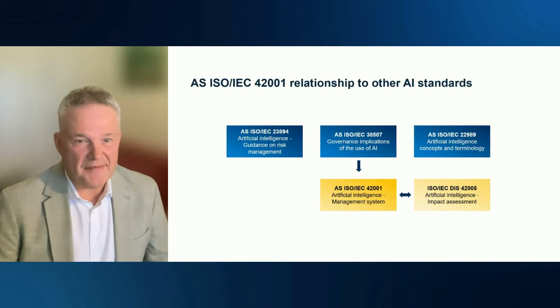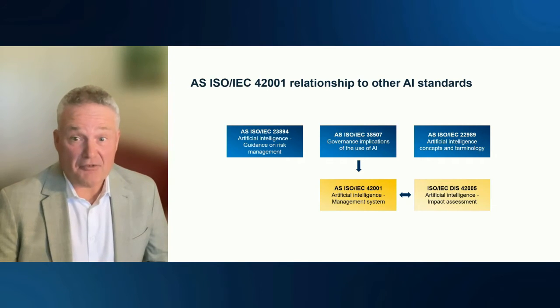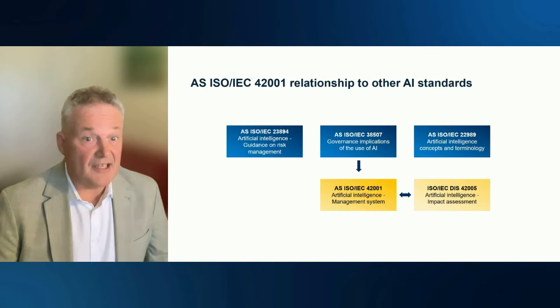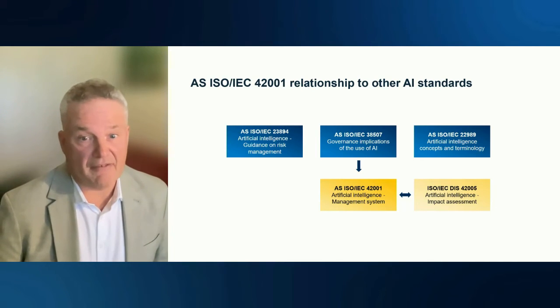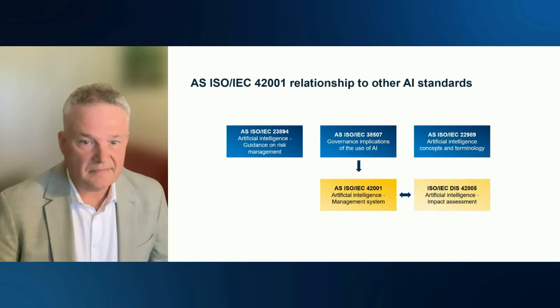Note 1 to entry: the engineered system can use various techniques and approaches related to artificial intelligence to develop a model to represent data, knowledge, processes, etc., which can be used to conduct tasks. And note 2 to entry says AI systems are designed to operate with varying levels of automation.